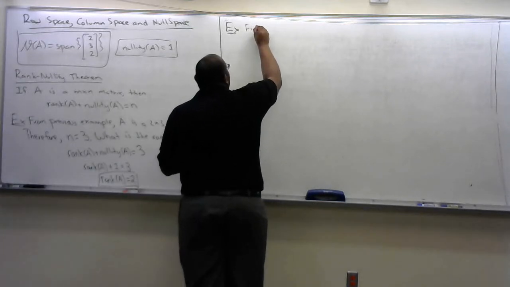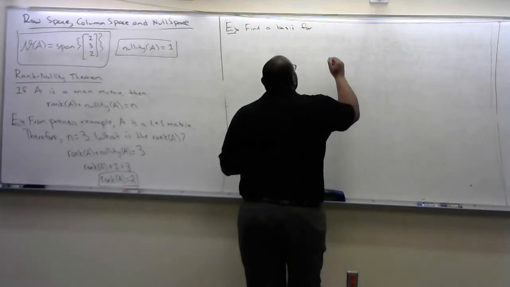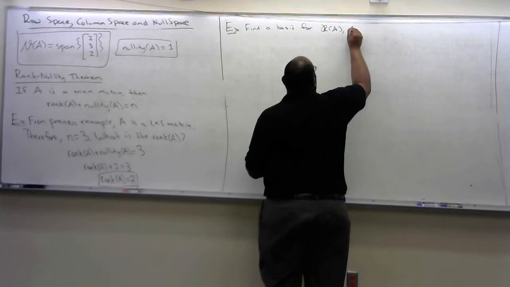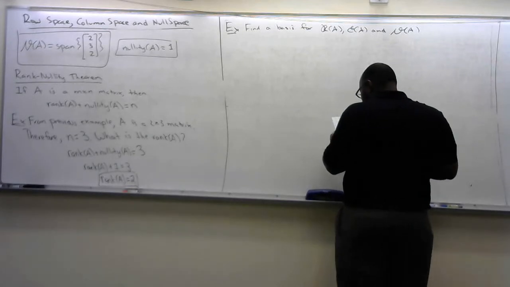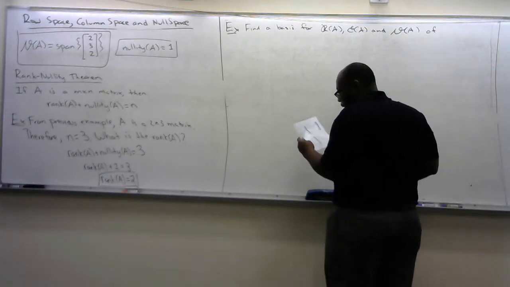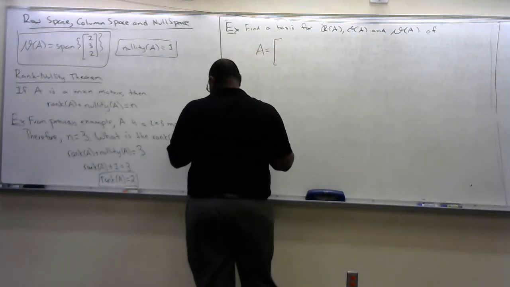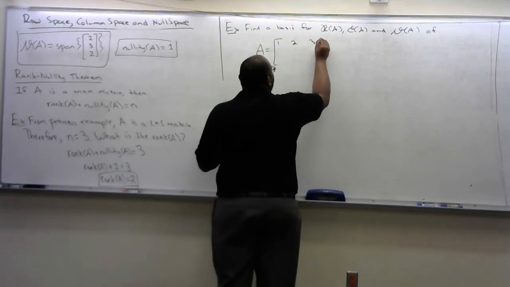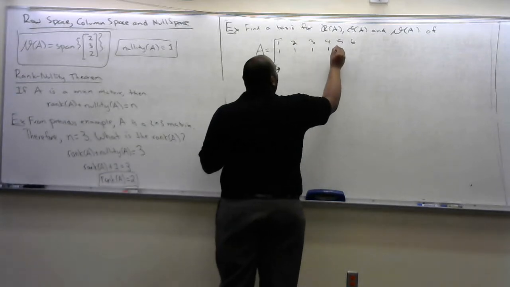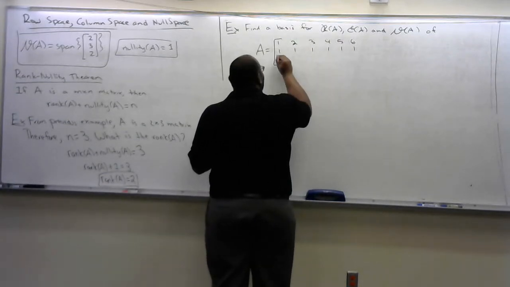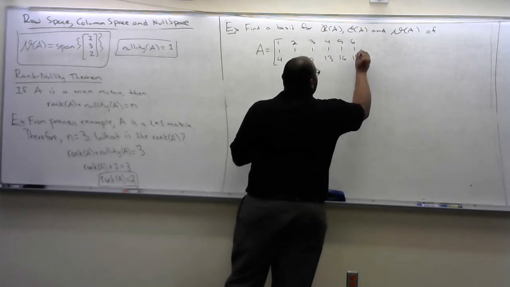Find a basis for the row space of A, column space of A, and null space of A, where A is equal to 1, 2, 3, 4, 5, 6, then 1, 1, 1, 1, 1, 1, then 4, 7, 10, 13, 16, 19.